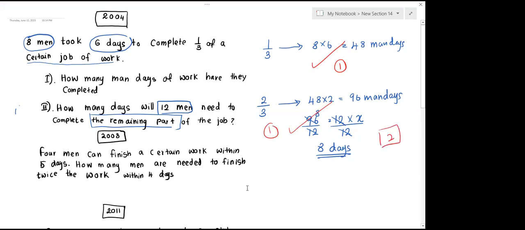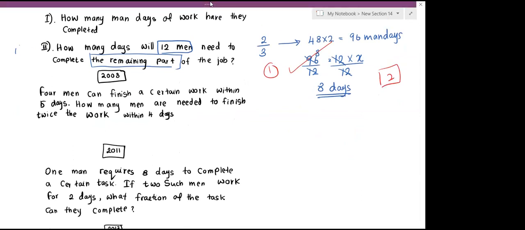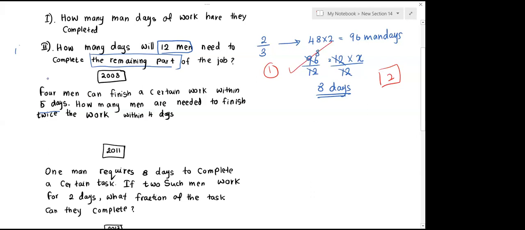Okay. Then in 2008, 4 men can finish a certain work within 5 days. How many men are needed to finish twice the work within 4 days?